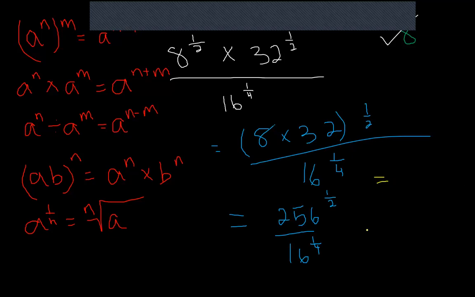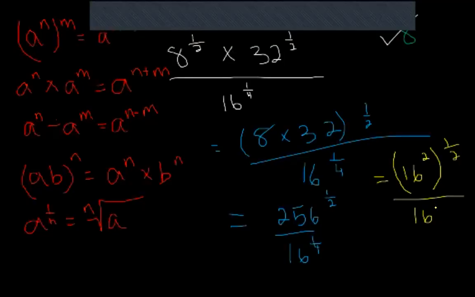I could have said, okay, 256, and I have a base of 16. If I wanted to get the same base, I could write 256 as 16 squared, because 16 squared is the same as 256. So instead of finding the square root of 256, I could have said 256 is the same as 16 squared, and this is still raised to the power of a half, divided by 16 to the power of a quarter.